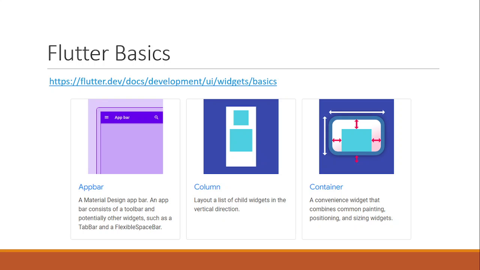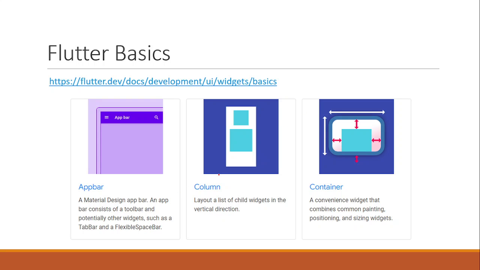As for the column, this is a layout widget na siya that contains child widgets, that contains children widgets, in a vertical direction. So ang column contains other widgets, or we can say children widgets.